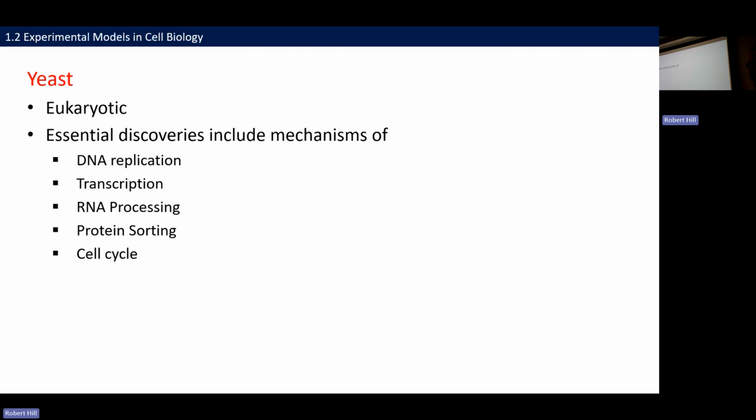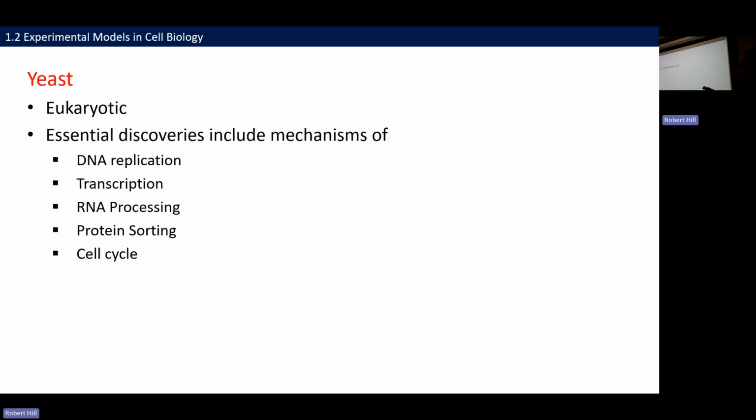Also, it has the ability to do post-translational modifications, something that bacteria can't do. So after the DNA is read and RNA is made, and the RNA is read and protein is made, there are important post-translational modifications that occur to that protein. And eukaryotes will do them. So yeast is an example of a cell type that'll do those, so you can study those in yeast.